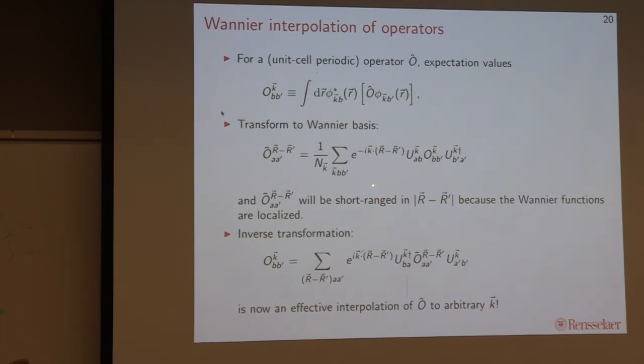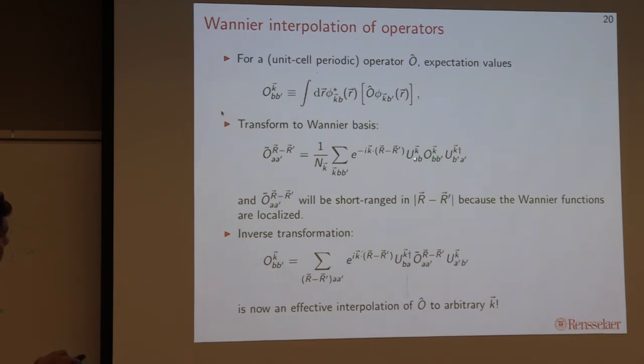So plugging those unitary transformations in here, I can rewrite this in terms of R minus R prime and these Wannier centers instead of the original band basis. So I effectively originally have an expectation value for this operator O at each k across all pairs of bands b and b prime. That's present here.